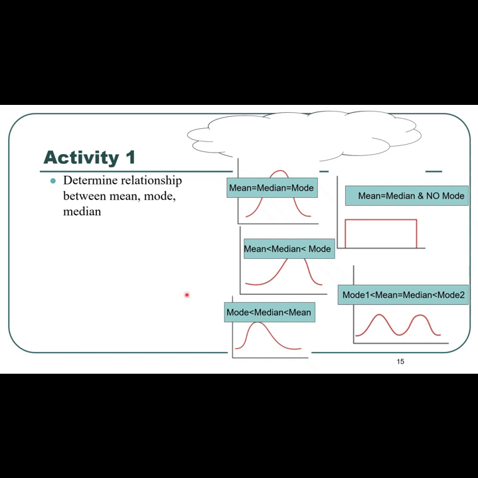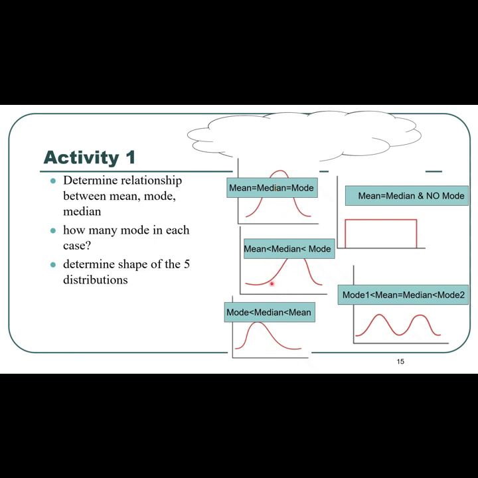How many modes? Here one mode, one mode, one mode. So for any unimodal curve, whether it's symmetric or not, I have one mode. Uniform has no mode at all, and in a bimodal, by its name, I have two modes. As we said, the name of the shape: this is bell shape, which I can also call symmetric unimodal.